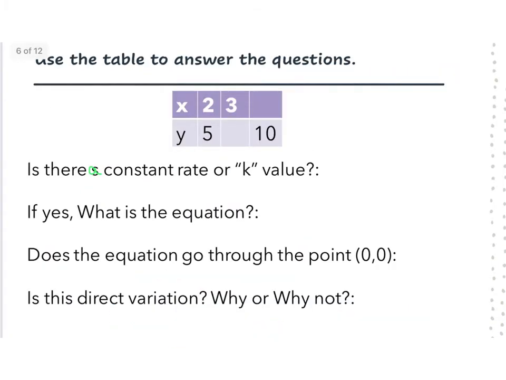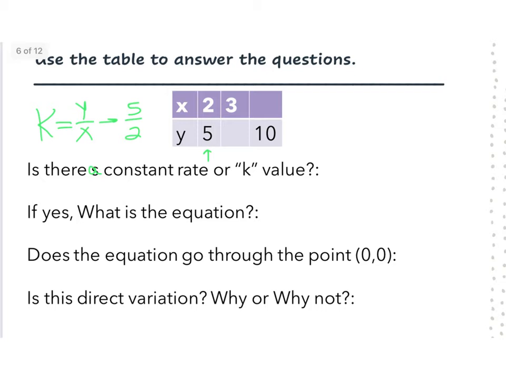All right, for this next one, we're using the table to answer the question. So we are going to determine the constant rate or the k-value here. If I take a look at my first point and put my y value over my x value, because remember k equals your y over your x, I get 5 over 2, okay? Now this can't be simplified anymore.